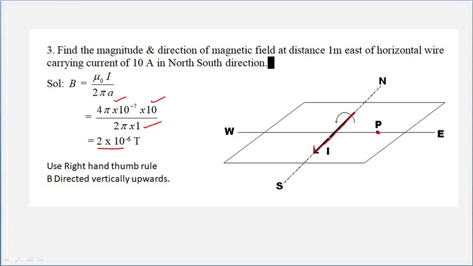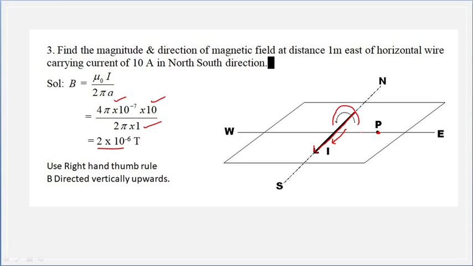So now what you do is you hold this. Imagine that you are holding the wire with thumb pointing in the direction of current. So fingers will curl like this. The curled fingers will come out from this plane and go inside the plane. This direction is vertical.